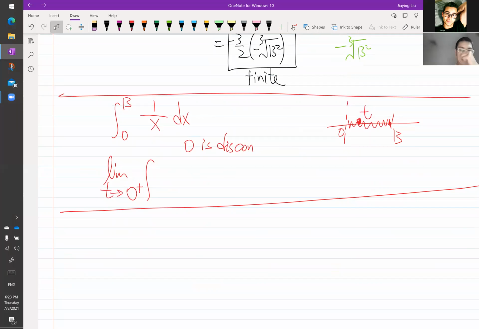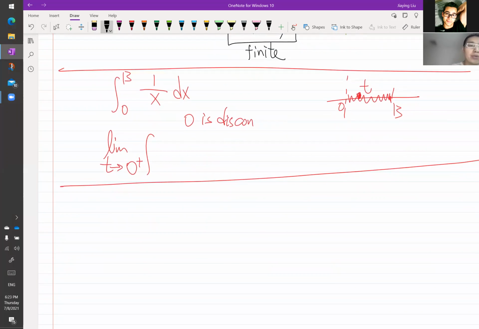But before we do that, I want to remind you what we did last time. Last lecture, we talked about series. And then we talked about the definition of a series being convergent.